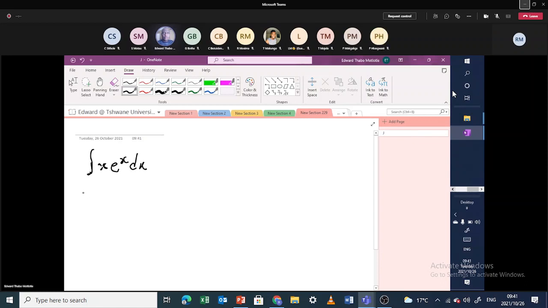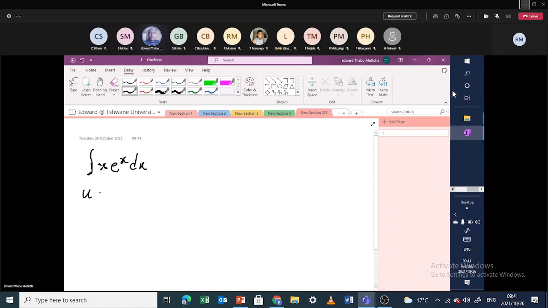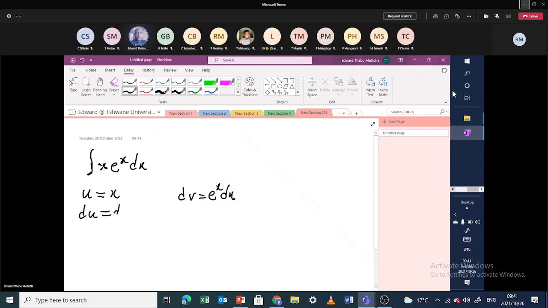According to the hint, we choose u to be x and dv to be e to the power x dx. Now we differentiate here. du is equal to dx. We integrate here. v is equal to e to the power x.